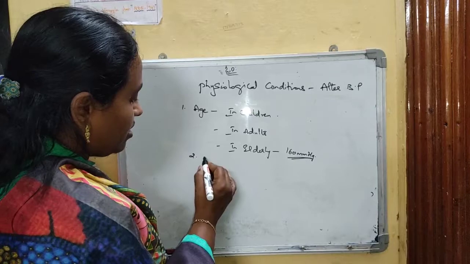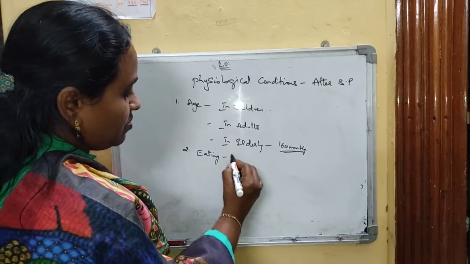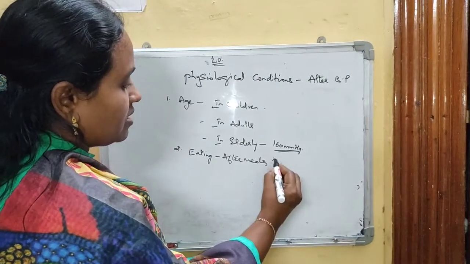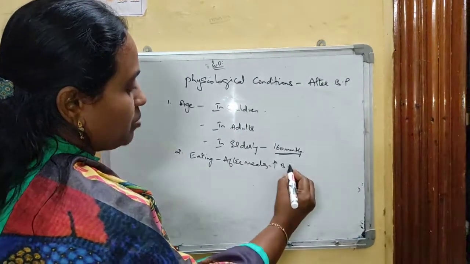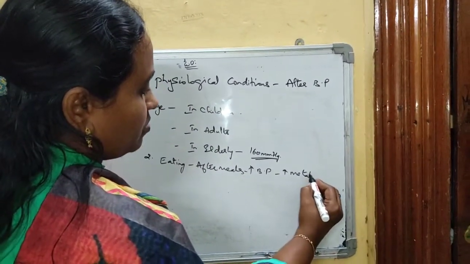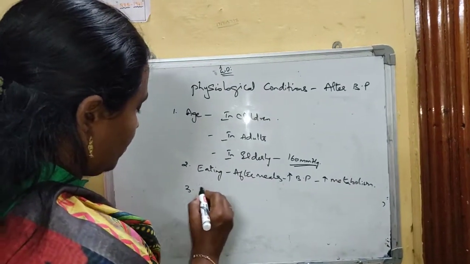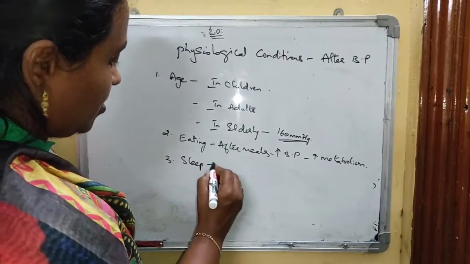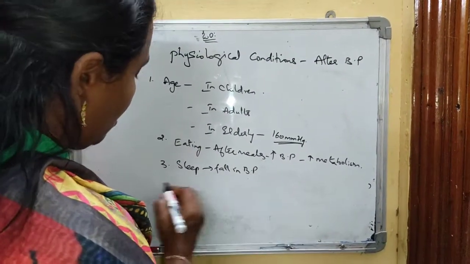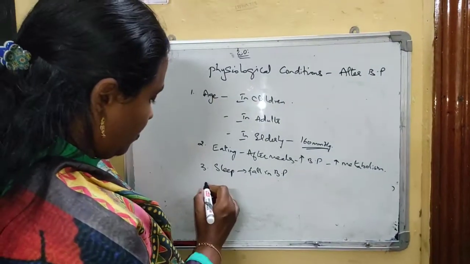The second factor, eating: after meals there is an increase in the blood pressure due to increased metabolism. After sleep, there is a fall in blood pressure after waking up from sleep.